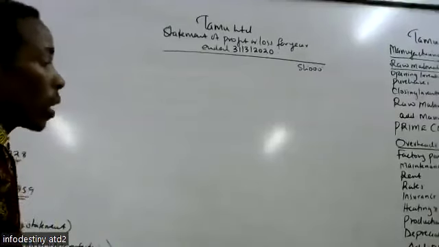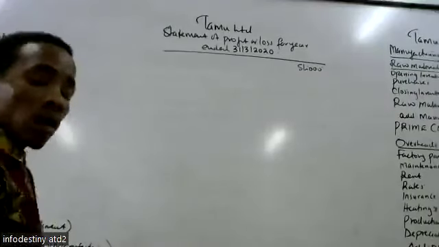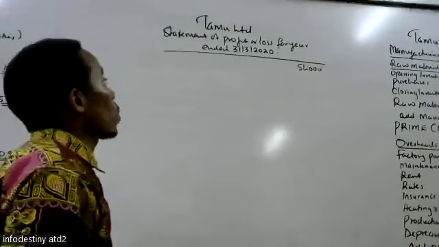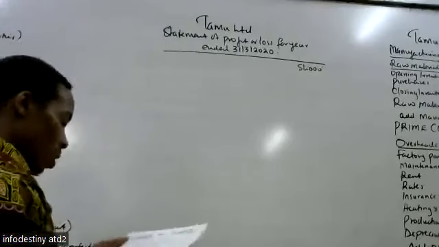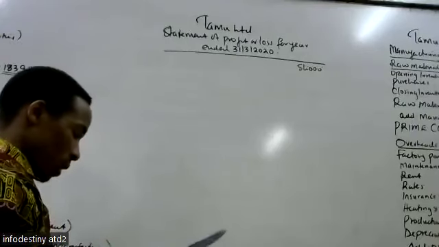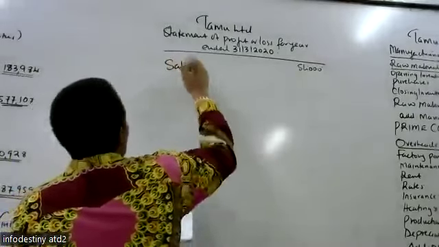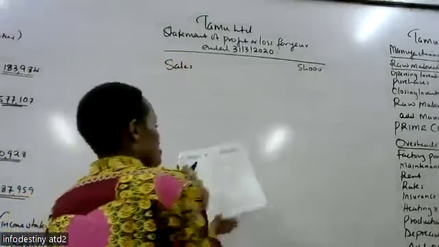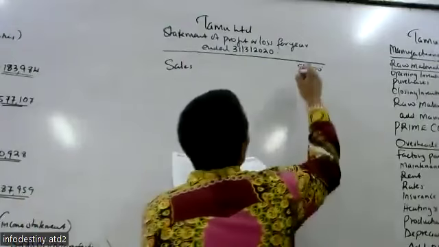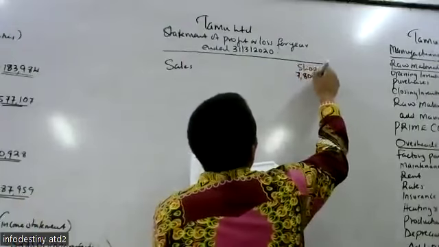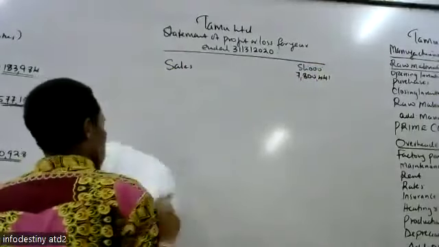So we continue. Now we go to the income statement, that is the statement of profit or loss for the year ended 1st March 2020, for Tamu Limited. For the income statement, we start with sales and the amount of sales we are given, 7,804,441, and there are sales returns.